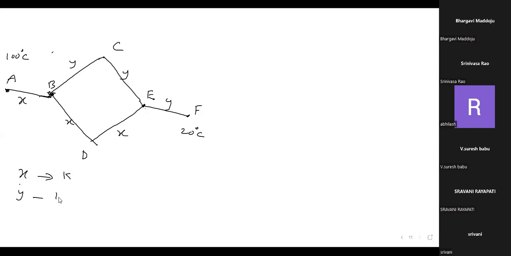The rod X is having thermal conductivity K, and the rod Y is having thermal conductivity K by 2. All the rods are identical. My question is, what is the temperature at B? And what is the temperature at E?